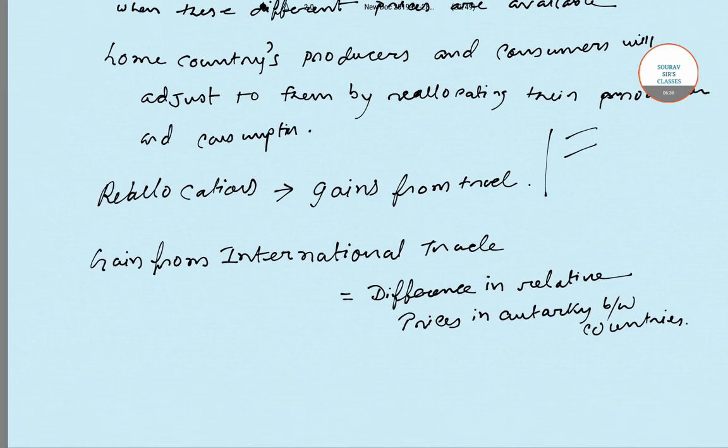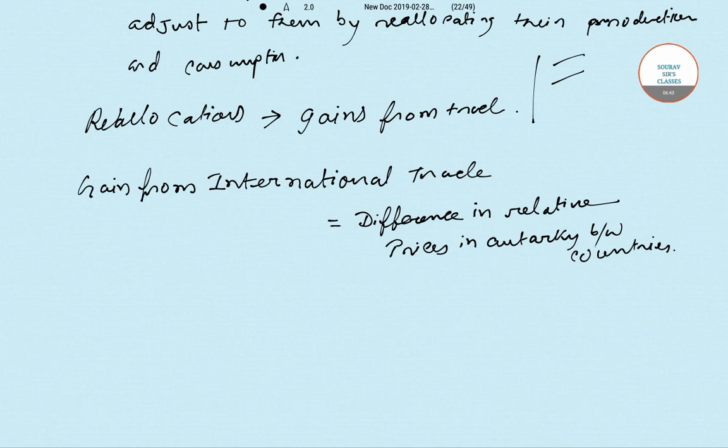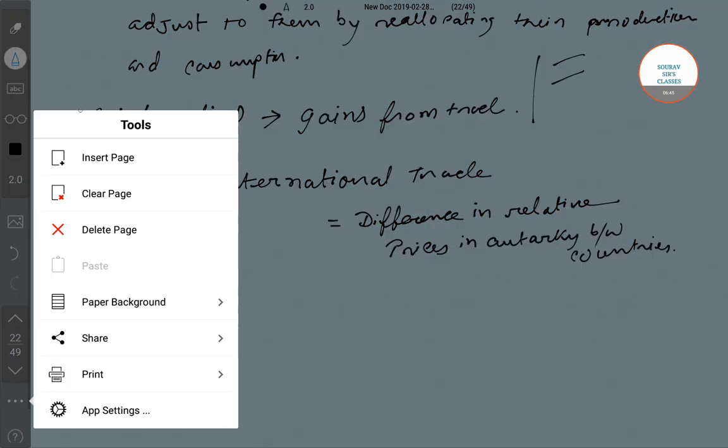So we know what happens in autarky. Now for this, it will be easier for you if I draw a diagram.